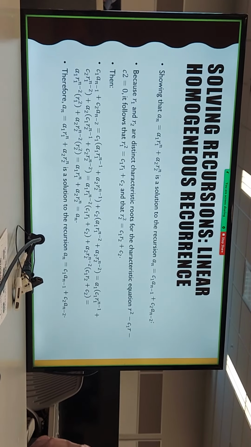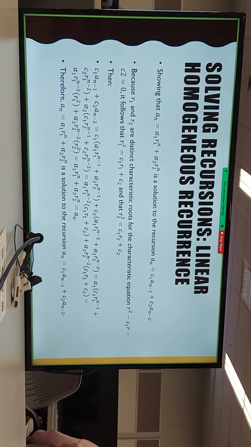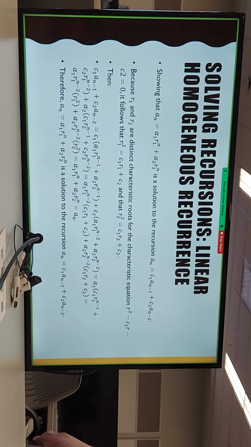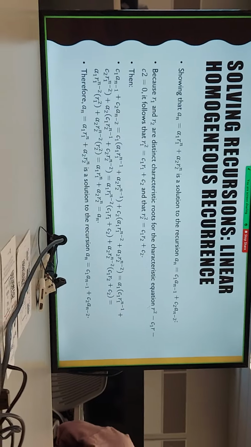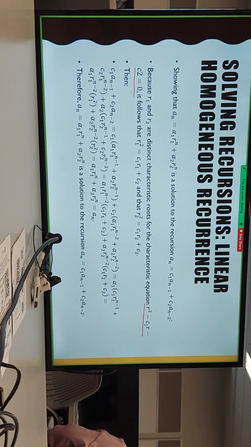To show that the solution is correct, we simply plug our conclusion into the original characteristic equation.